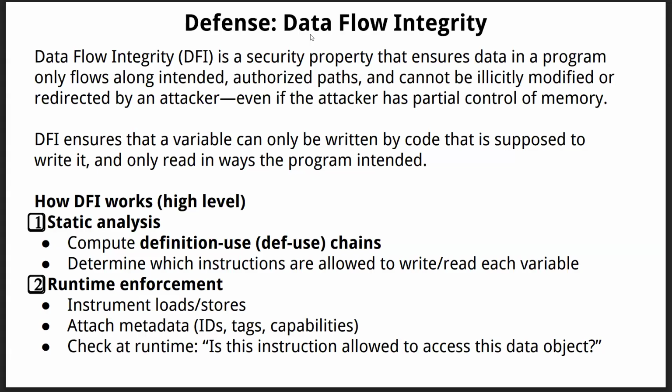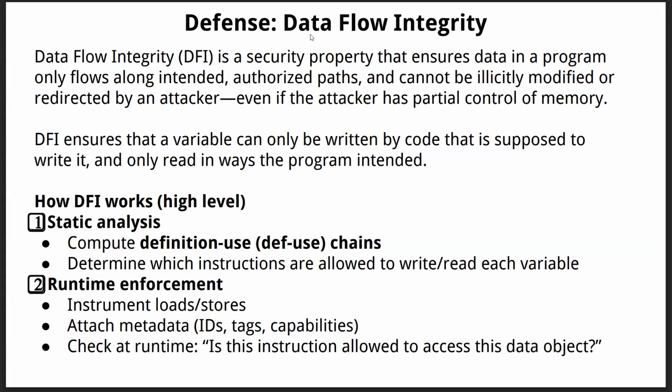So this is a static and dynamic approach, with help from both the compiler and the runtime. Usually, we first do some static analysis at the compiler level to figure out the definition and use relationships. This variable is defined here, this variable is used by other statements, and no other statement is supposed to write to that variable.